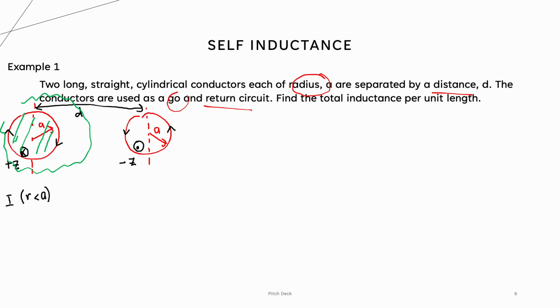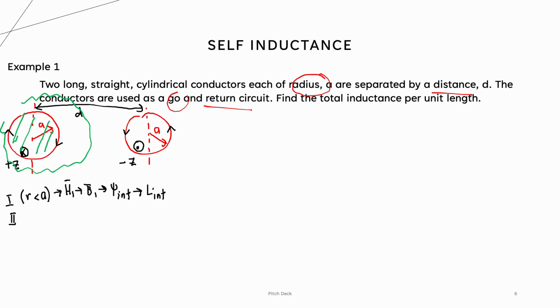When R is less than a, it will produce H1, and from H we can determine B1, and from B we can determine the value of the flux. The flux produced inside here will be the internal flux, because it is inside this particular conductor. If we know the value of the flux, we can find the inductance at the internal side.